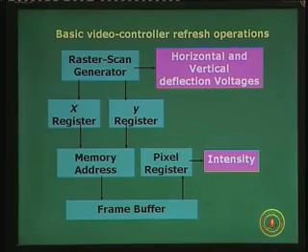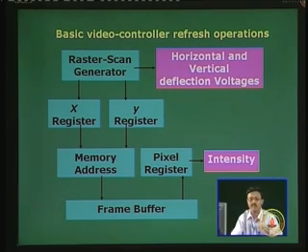Two corresponding points are addressed simultaneously, one in the frame buffer and one on the screen. So, you address them by the video controller, the deflection voltage is generated, the beam is already there. What should the intensity be? The contents of the frame buffer are taken out and fed to a pixel register. The pixel register drives a digital to analog converter to generate an intensity, basically a voltage which controls the strength of the electron beam, which in turn controls the intensity or color of the pixel at that point on the screen. I hope this concept is more or less clear.